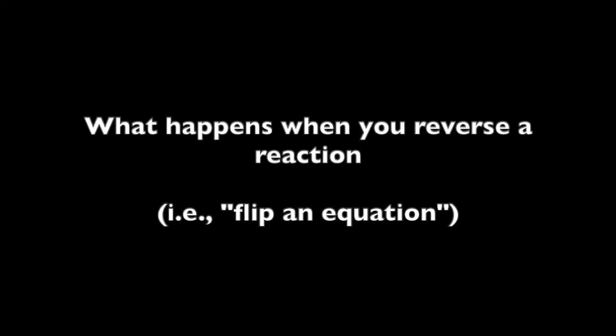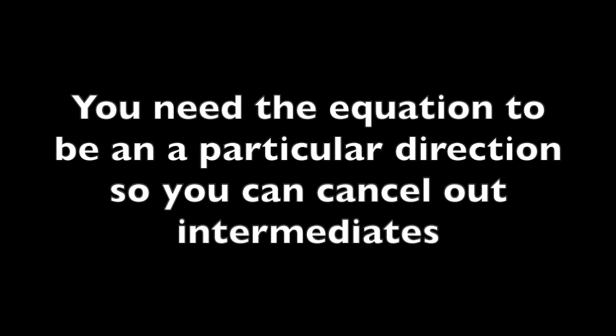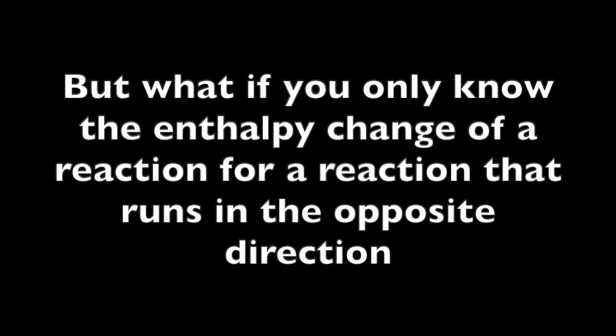The second rule has to do with what happens when you flip an equation. Sometimes when you're trying to add equations for steps, you need the equation to be in a particular direction so that you can cancel out intermediates. But what if you only know the enthalpy change for a reaction that runs in the opposite direction?